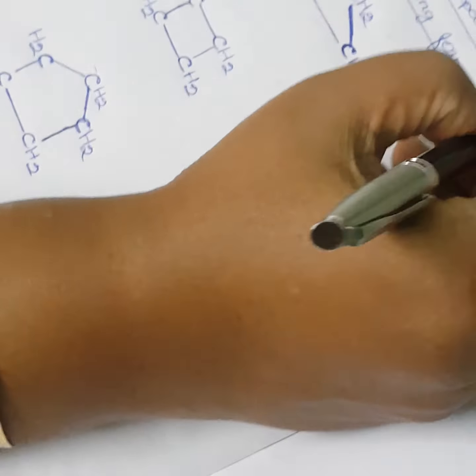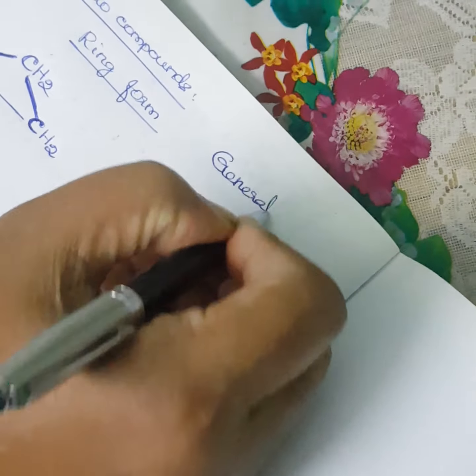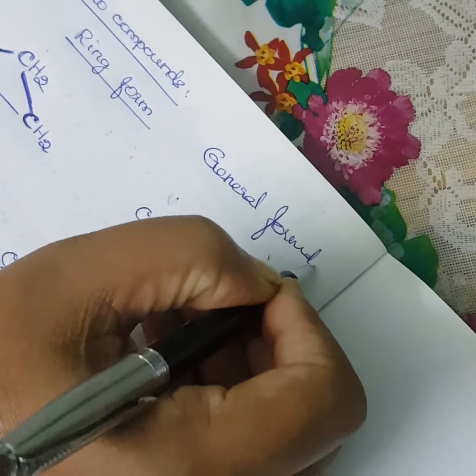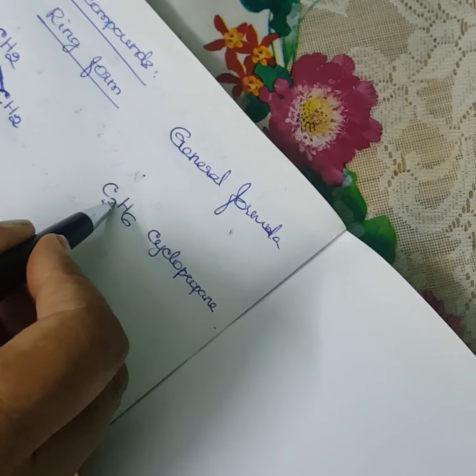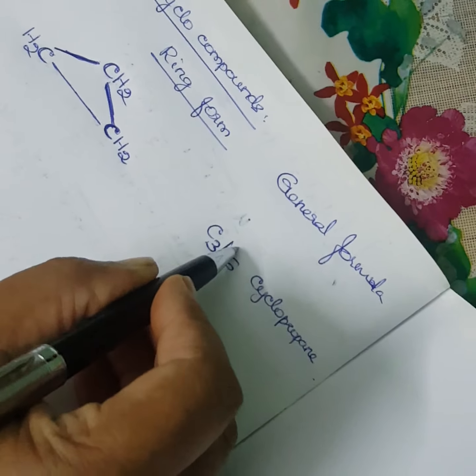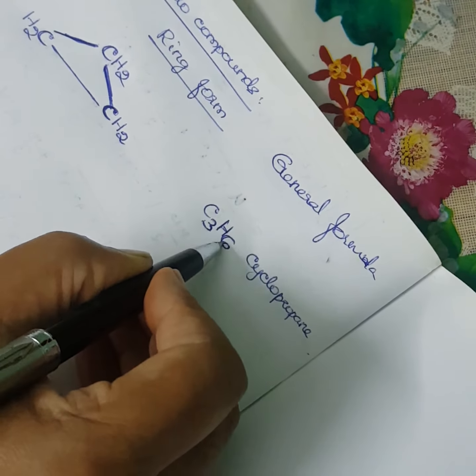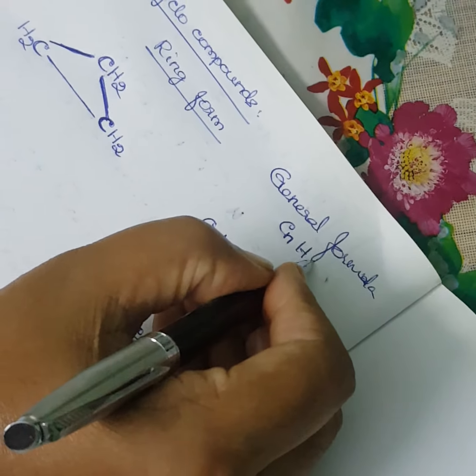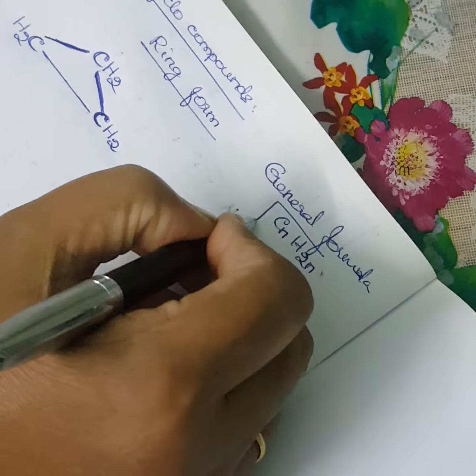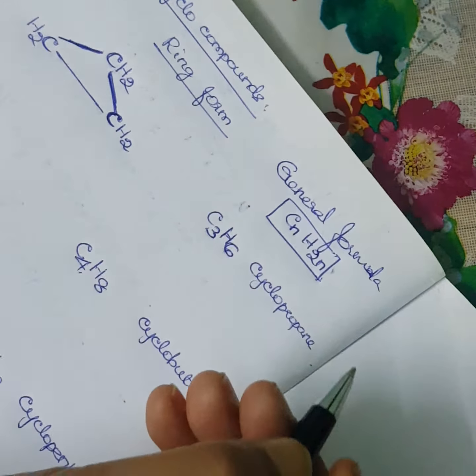Now look at the general formula. When you frame a general formula, we have to count the number of carbon atoms. Number of carbon atoms is 3 means number of hydrogen atoms is just the double. So if n is the number of carbon atoms, the number of hydrogen atoms will be 2n and the general formula will be CnH2n.